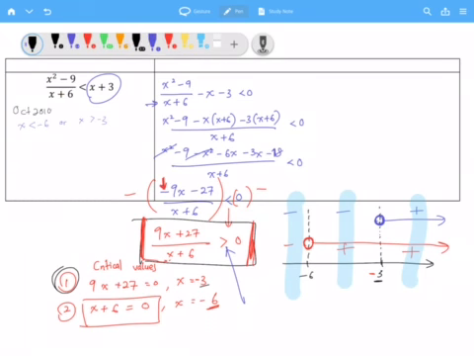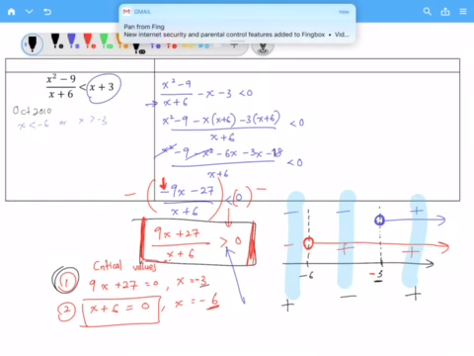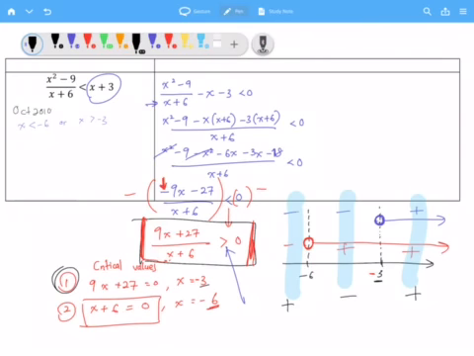Now all you need to do is just to perform a division process. Okay, negative divide by negative, you get positive. Negative divide positive, negative. Positive divide positive, positive. So from here, you already get the answer for this question. You look back at this sign here.